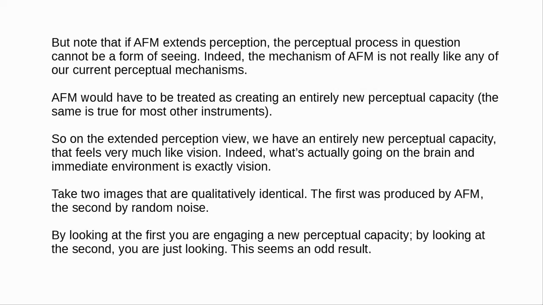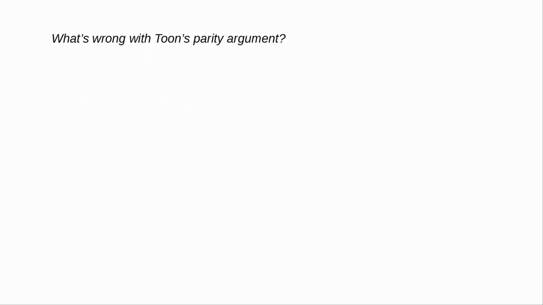Maybe we should just say that atomic force microscopes do extend perception, but they do so using an unusual mechanism, where this mechanism involves the creation of an artifact that is then visually perceived. So I admit that so far this is just an alternative way of thinking about instruments. I haven't yet dealt with the argument based on the parity principle. So let's turn to that.